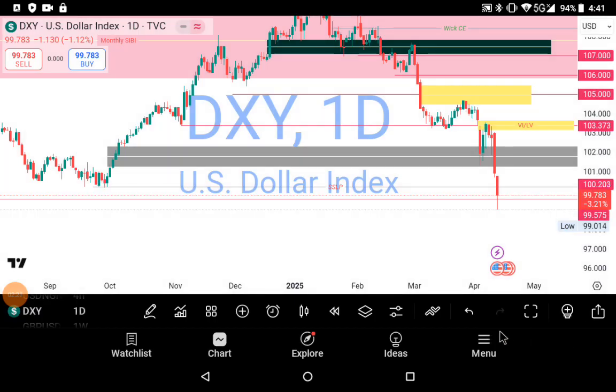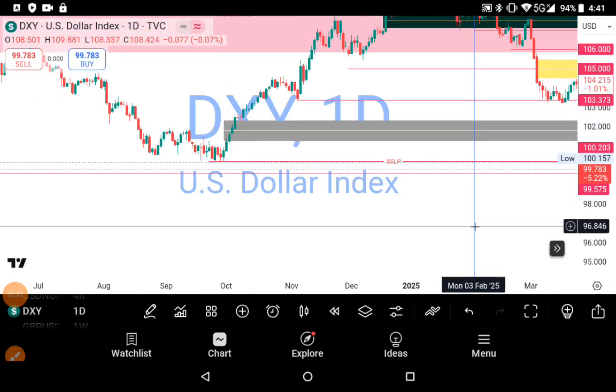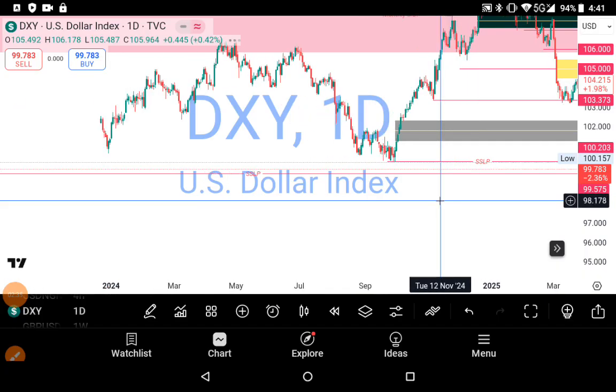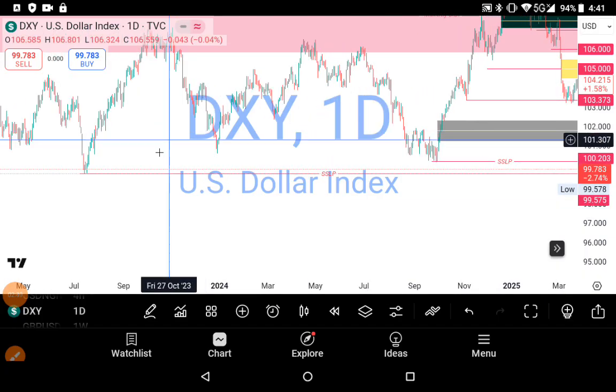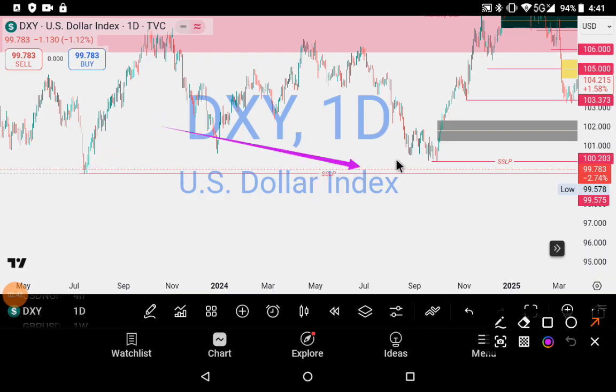Yeah, that was the low, and we saw this low also being taken. I think the low, yes, this low here, we saw this low being taken as well. So this level has been taken and this level has been taken.